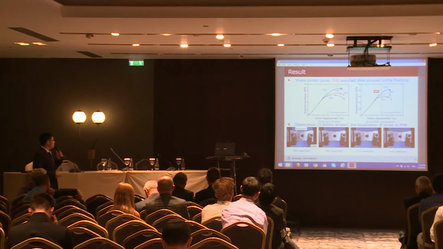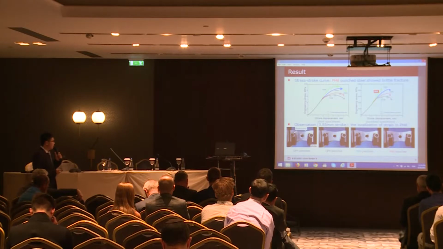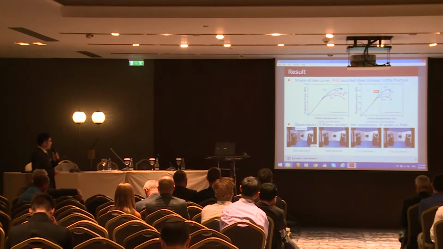At the PH8 punched material, we can see that the necking is concentrating in a very narrow range in the tensile direction. So we can see that the PH8 has a material quality that can easily cause strain localization.